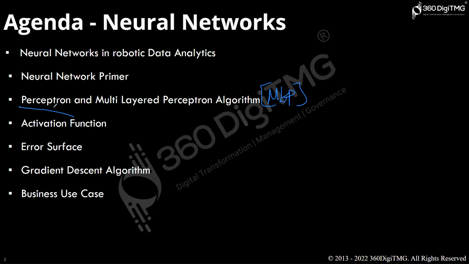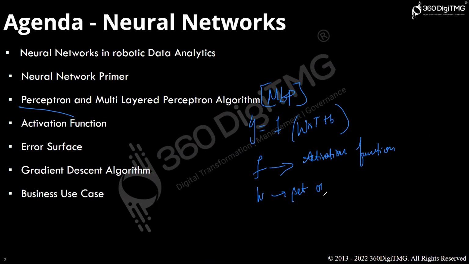Okay. So how do we calculate this multiple layer perceptron? Good question. So the formula is y equals f of w x transpose plus b, where f is the activation function, w is the set of parameters, x is the input vector, and b is the bias vector.